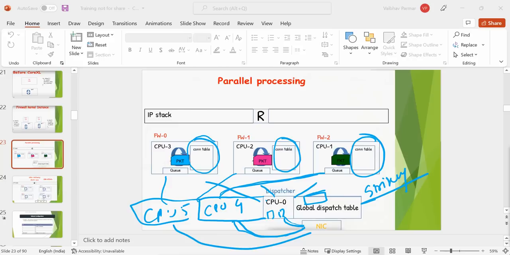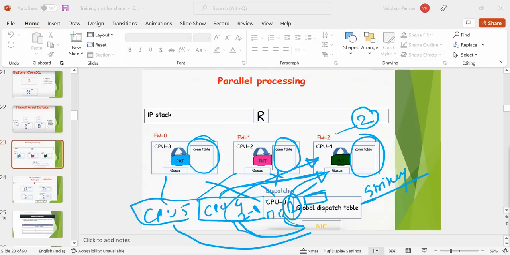The packet must go to the firewall 2 kernel itself. In a practical world it does not happen like that.